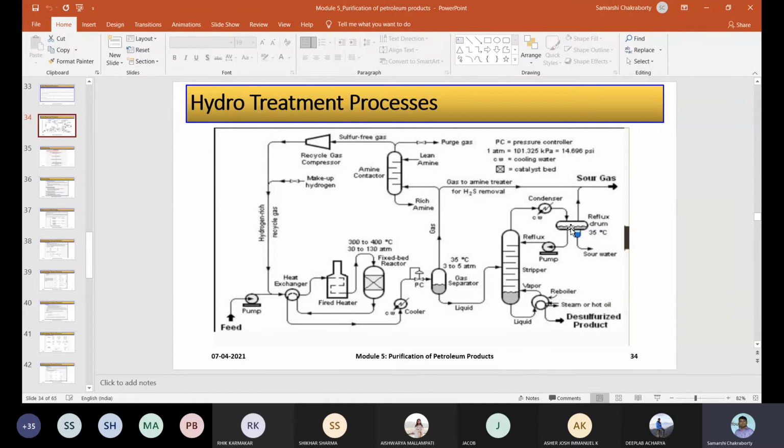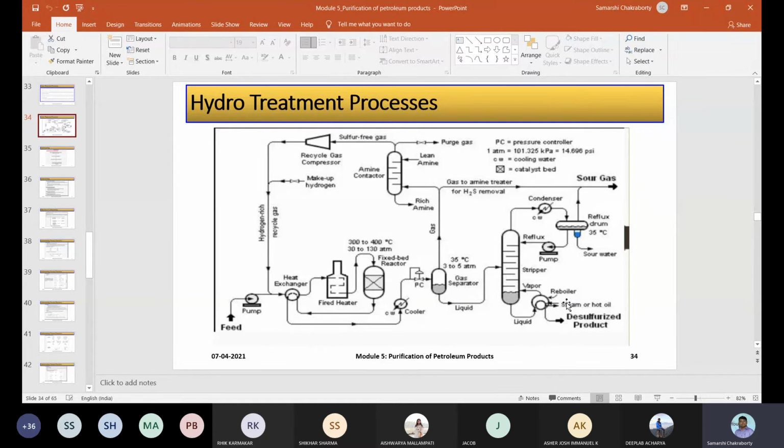And the bottom part of this condenser section will have this reflux drum, and a little bit of water production will also take place, but this water will also contain a significant amount of sulfurous components. That is why it is called sour water, and the bottom of this stripper section is going to give you this desulfurized product.